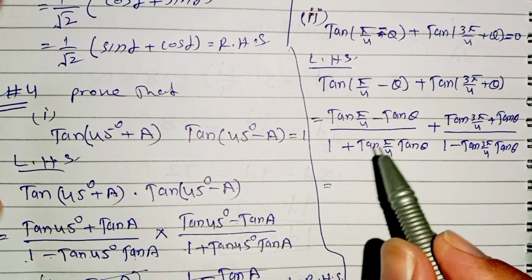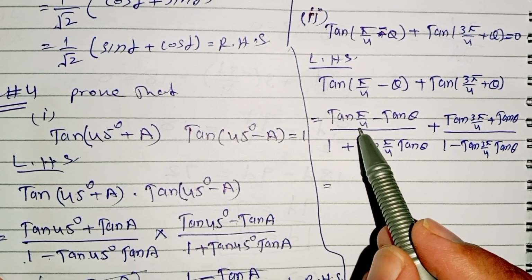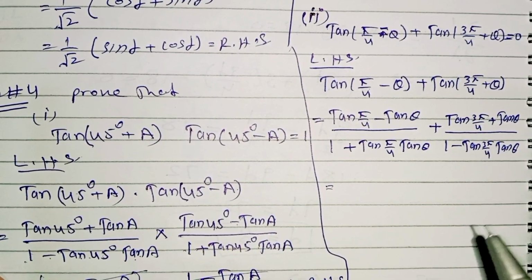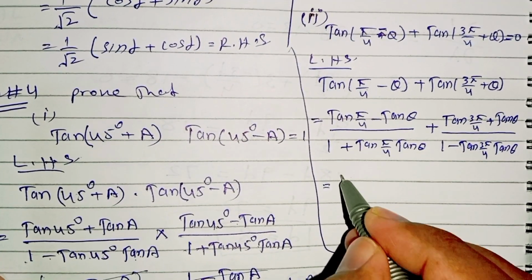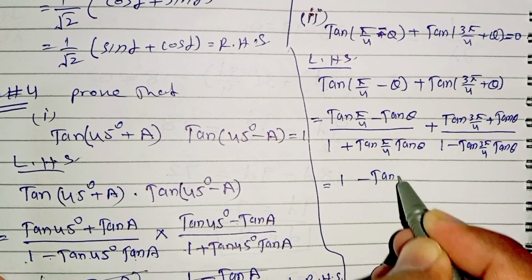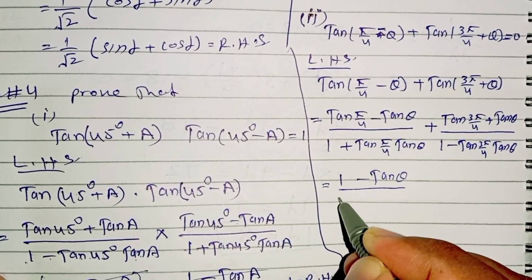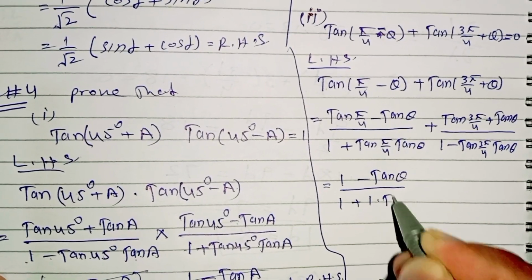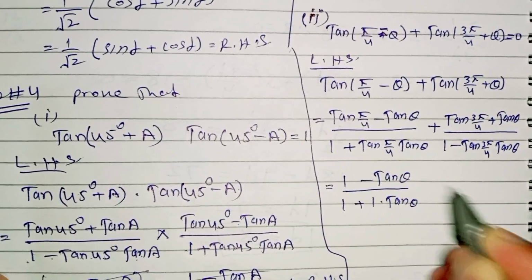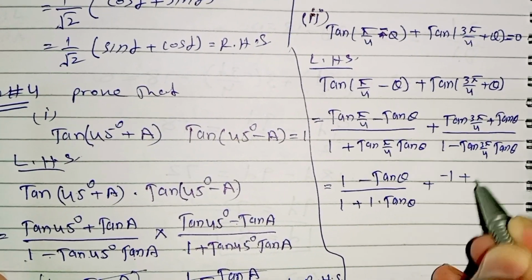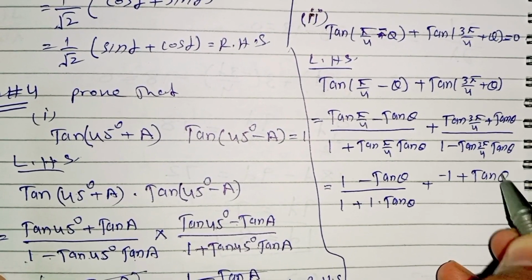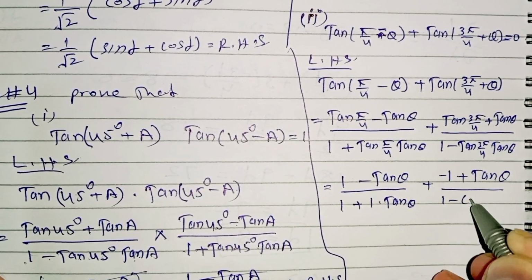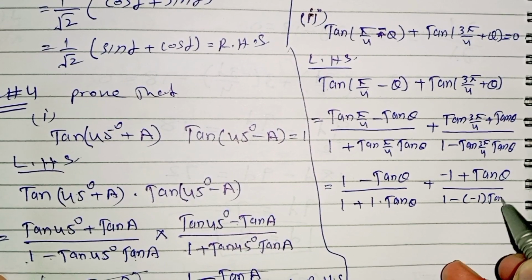By using calculator, we remember tan pi by 4 is equal to 1 and tan 3 pi by 4 is equal to minus 1. So we have 1 minus tan theta over 1 plus 1 multiplied by tan theta, plus minus 1 plus tan theta over 1 minus into minus 1 multiplied by tan theta.